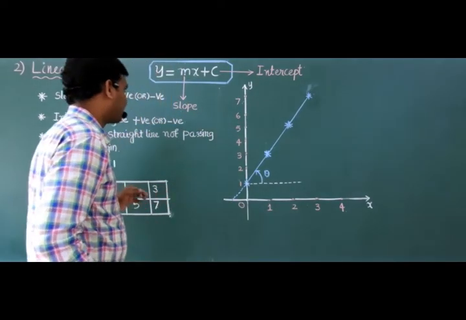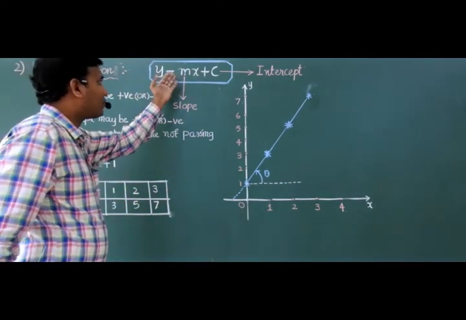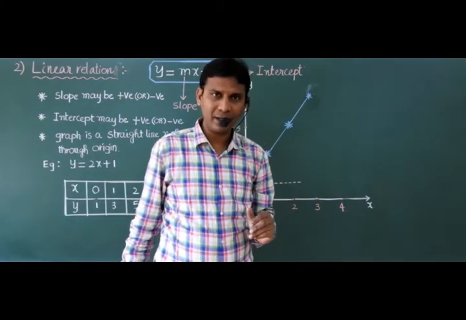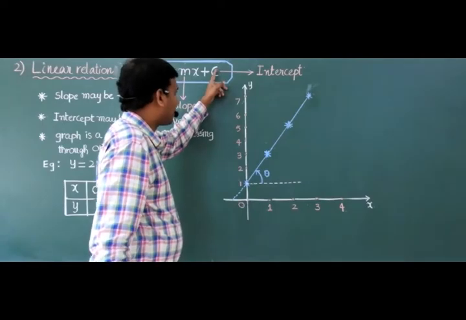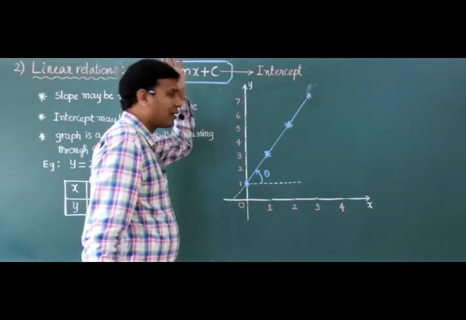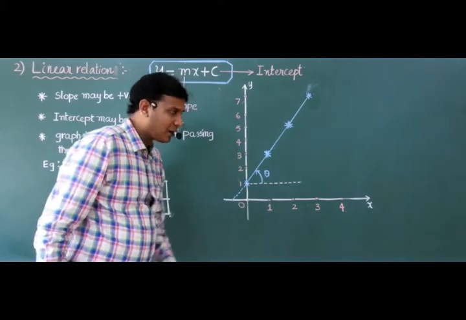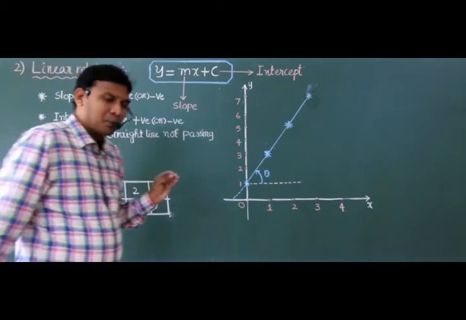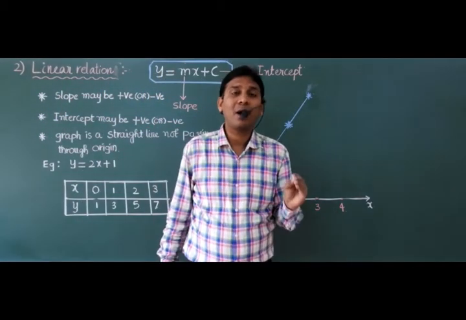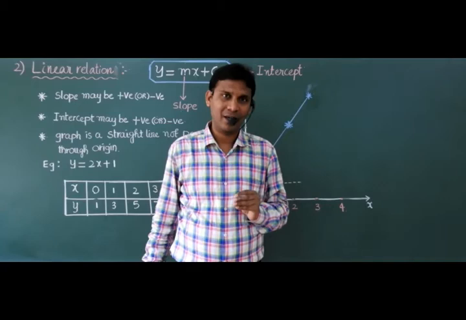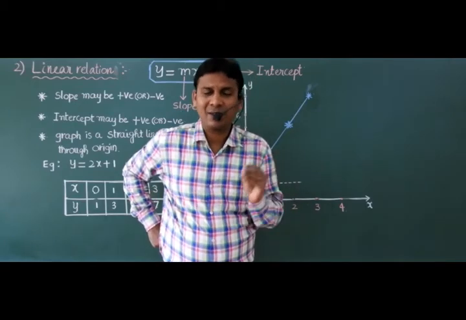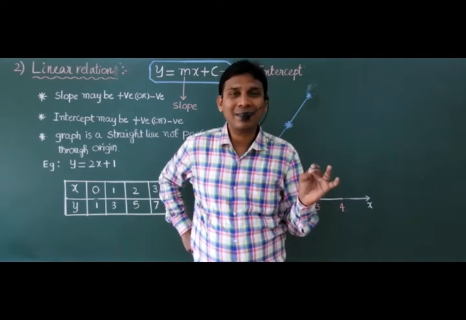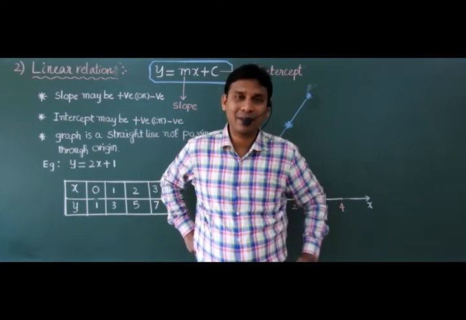Right. Then next, you know very well, slope may be positive or negative. Similarly, intercept may be positive or negative. I wrote those 2 points already. And next, the most important thing is, what is the nature of the graph? If any physics relation is in the form of y is equal to mx plus c, then what is the nature of the graph?